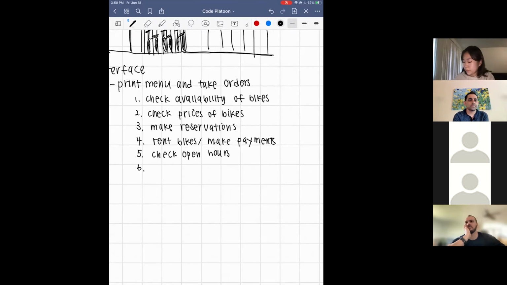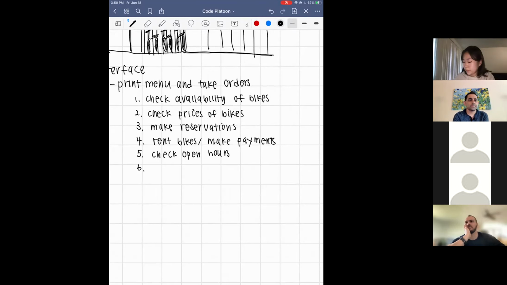So you would need to update the availability and also increment the profit of the shop. And then I think that's it.